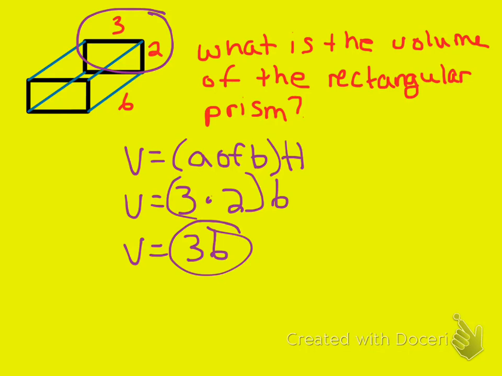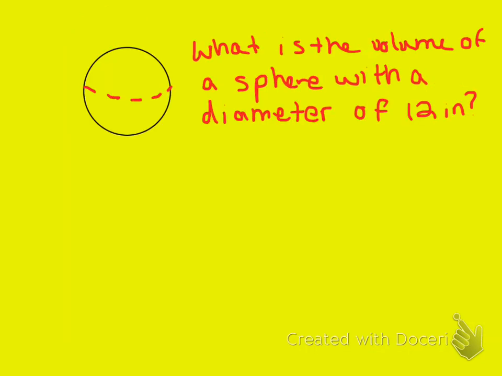Okay, then what about one that has units? What is the volume of a sphere with a diameter of 12 inches? The volume formula for a sphere is volume equals 4/3 pi r cubed. If my diameter is 12, then my radius is 6 inches, because we know the radius is half of the diameter.